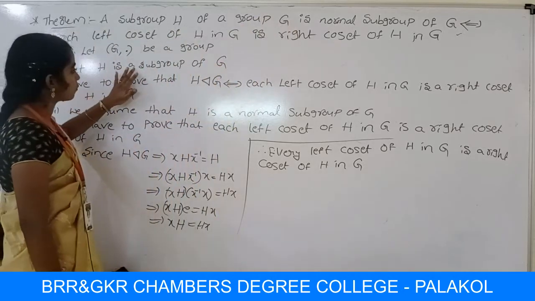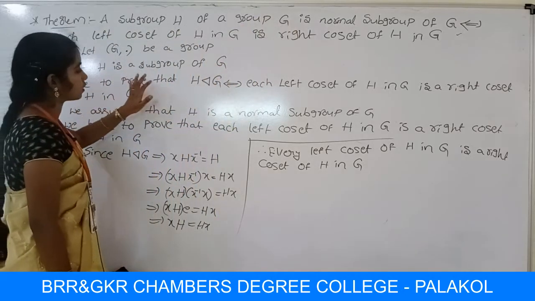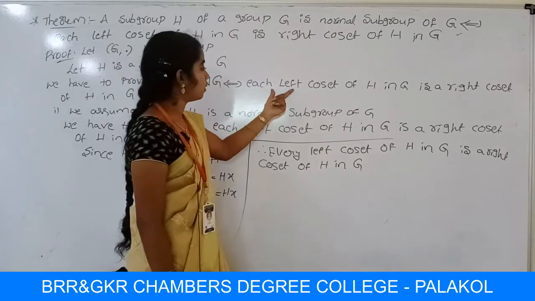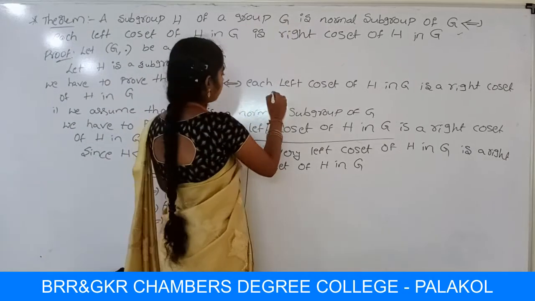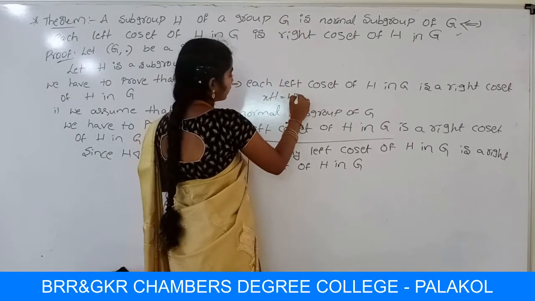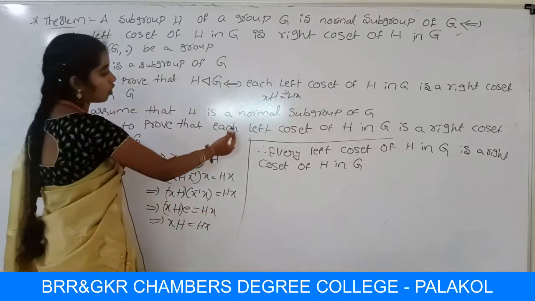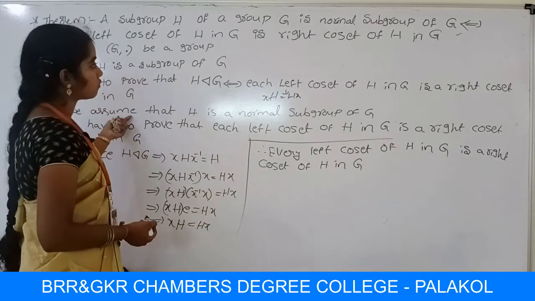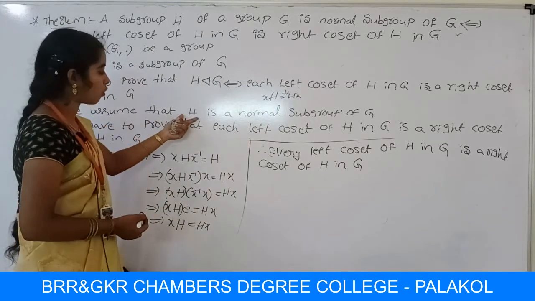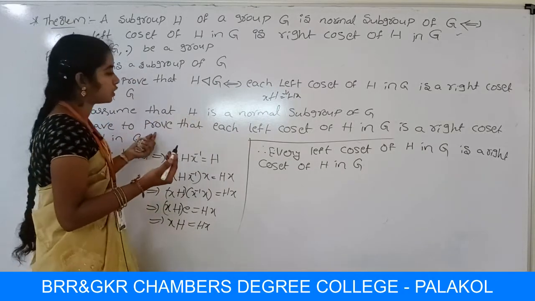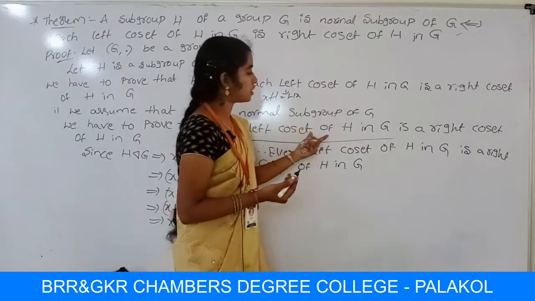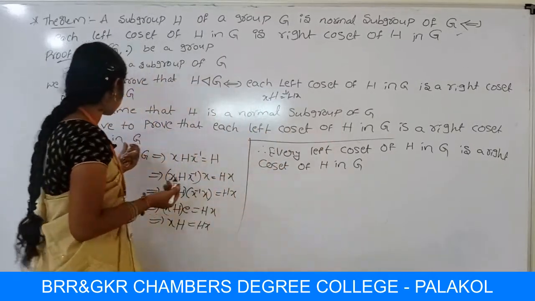So let H be a subgroup of Z. We have to prove that H is a normal subgroup of Z. So xH equal to Hx. First of all, assume that H is a normal subgroup of Z. We have to prove that each left coset of H in Z is a right coset of H in Z.